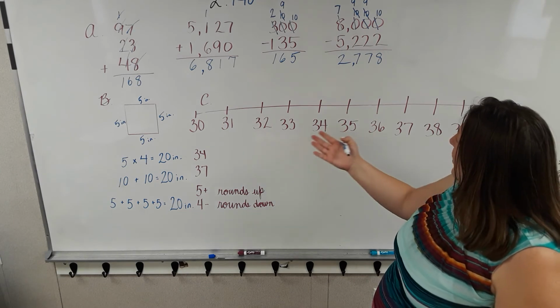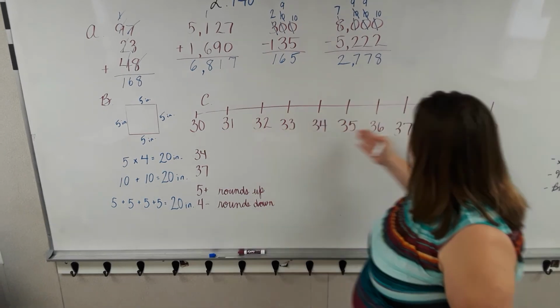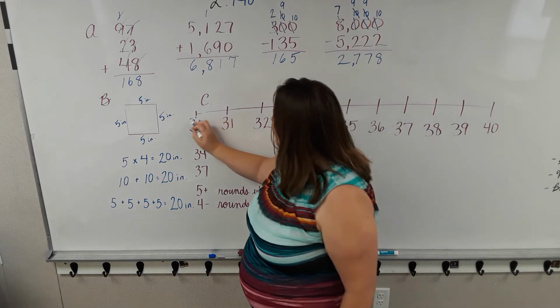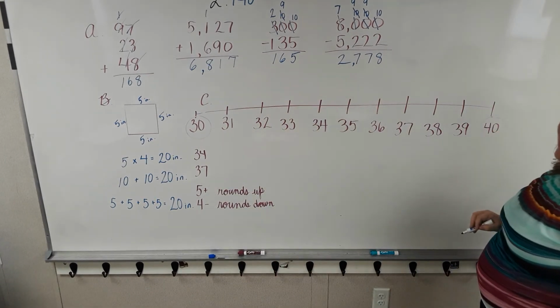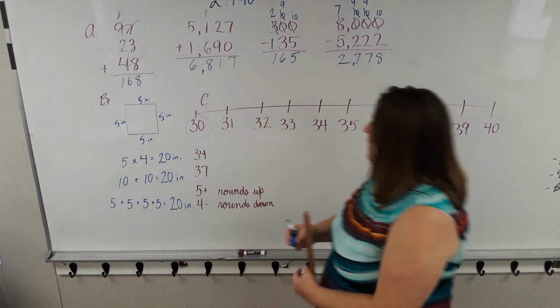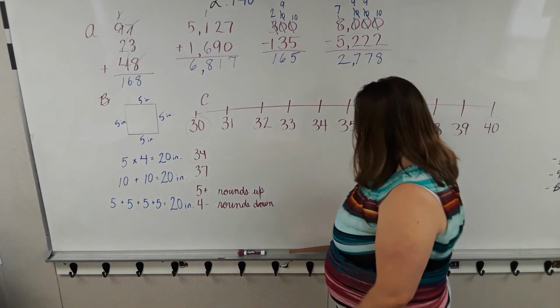Well, what two 10s do we have here in our number line? We begin with 30 and we go to 40. Which numbers are the 10s? 30 is a 10 and 40 is a 10. 10, 20, 30, 40. So, which 10 is 34 closer to?